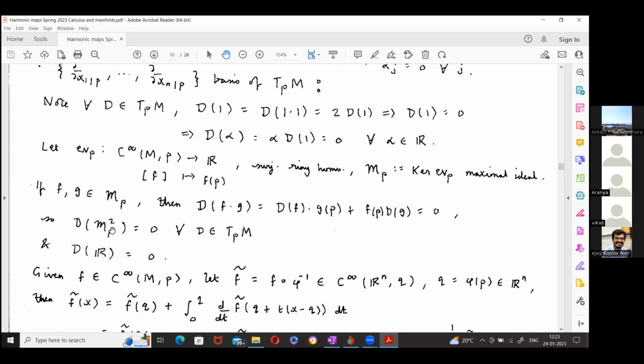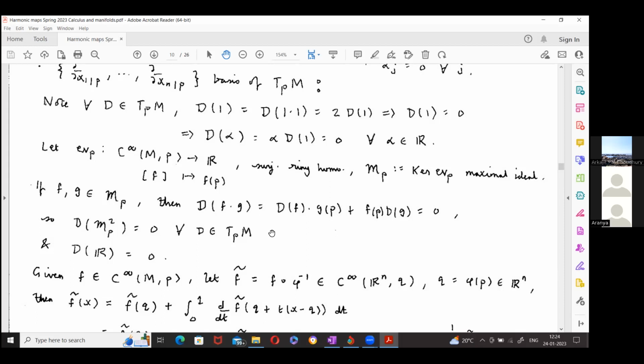Something which vanishes up to second order at P has derivative 0 at P in any direction. So intuitively, any tangent vector should vanish on the square of the maximal ideal. That's what we get just by looking at the Leibniz rule.